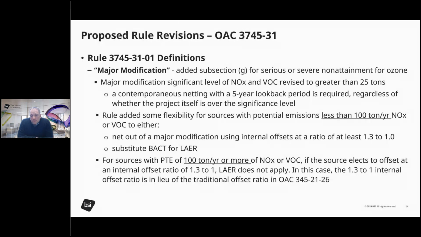Option two, if the source does not elect to offset with internal offsets, the project is considered a major modification and traditional offsetting requirements apply, but RACT applies instead of LAER.